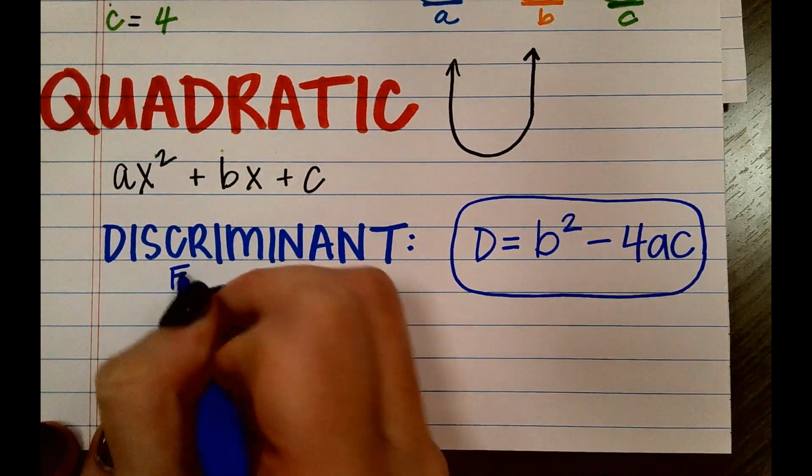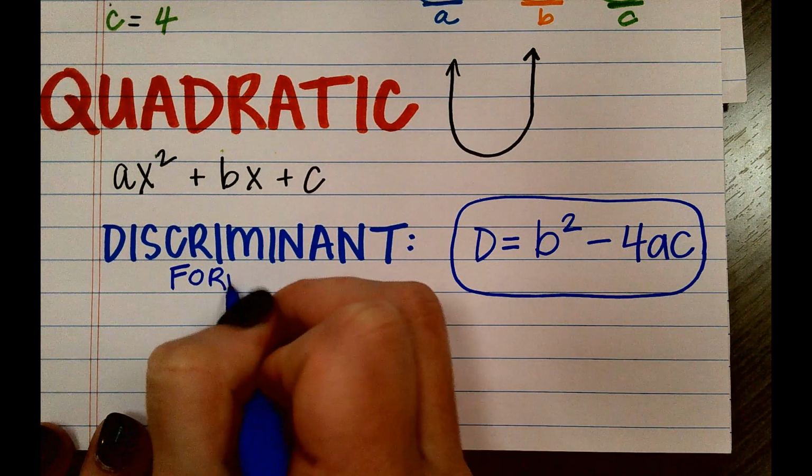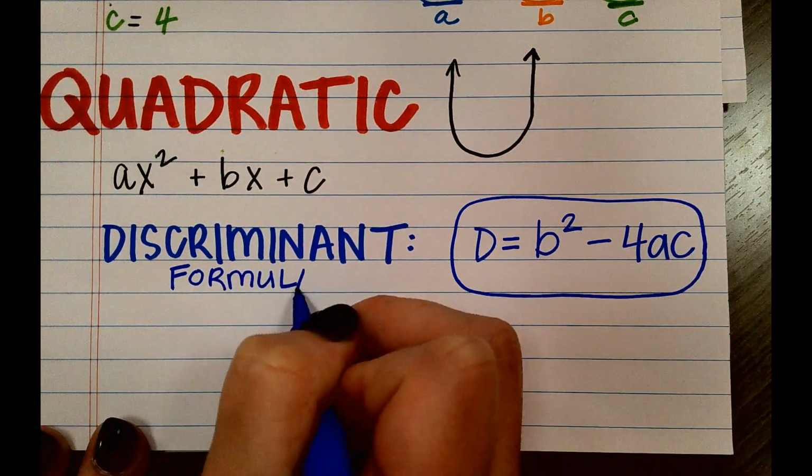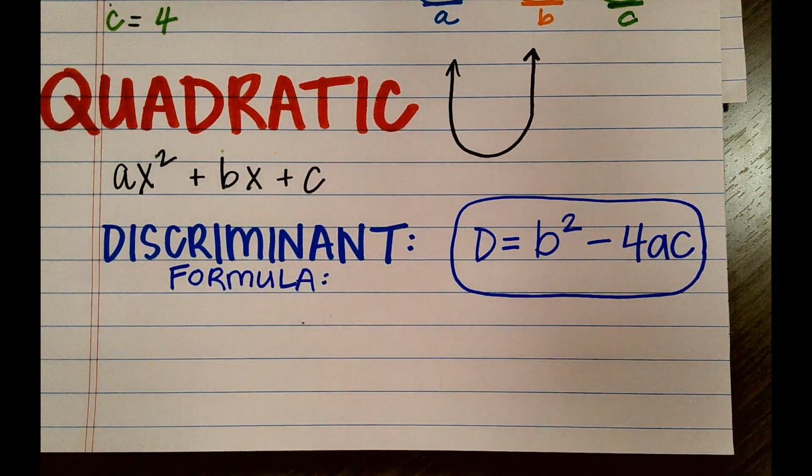Write this down. It is important. You will be using this. I'm going to write it on a sticky note as well so I can carry it over to my next page.